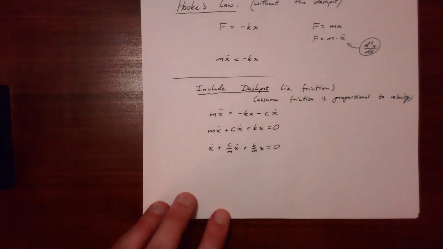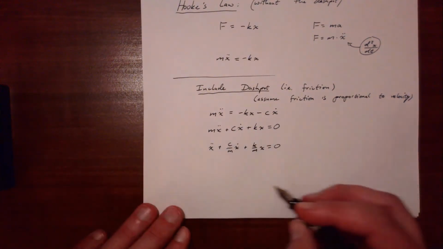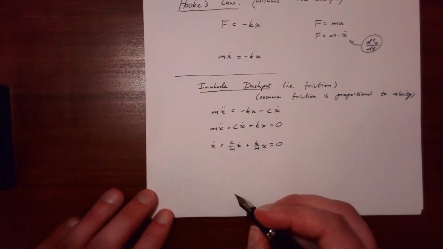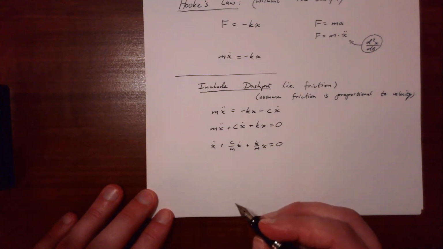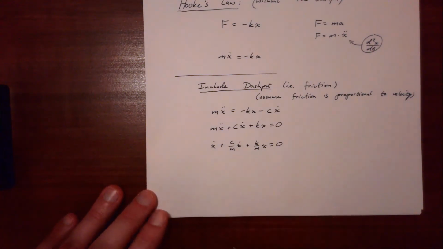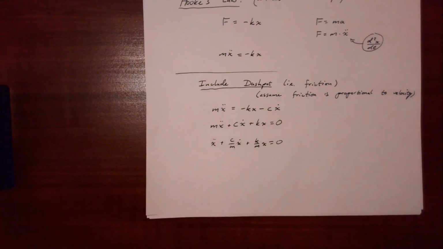So this is what we'll call the spring equation. And what we will now do is figure out, first off, how to convert this into a system of equations, and then we'll figure out what we can figure out based on the relative values of c and m and k.